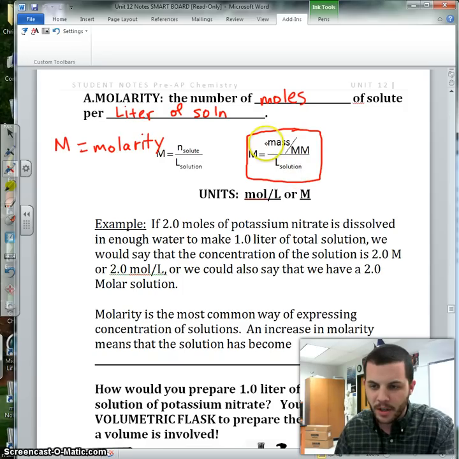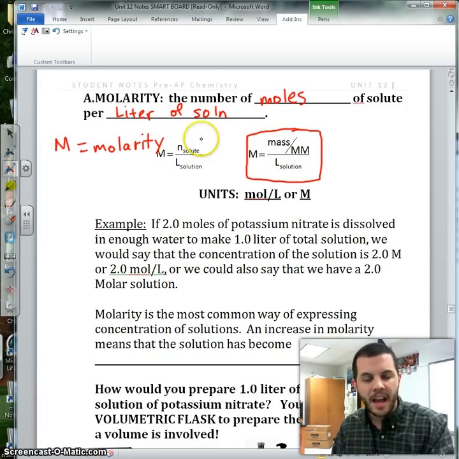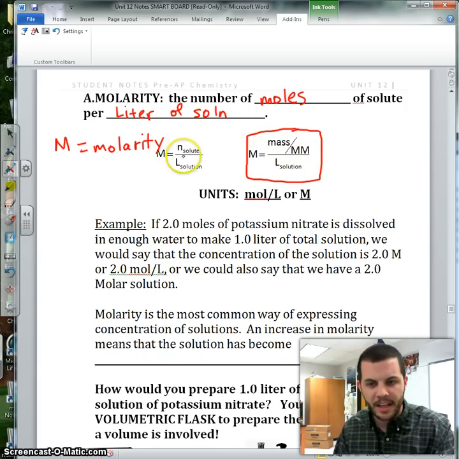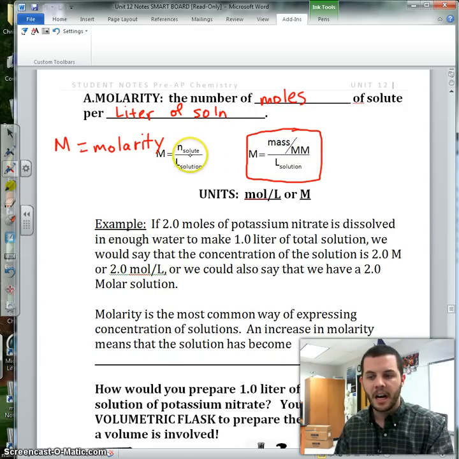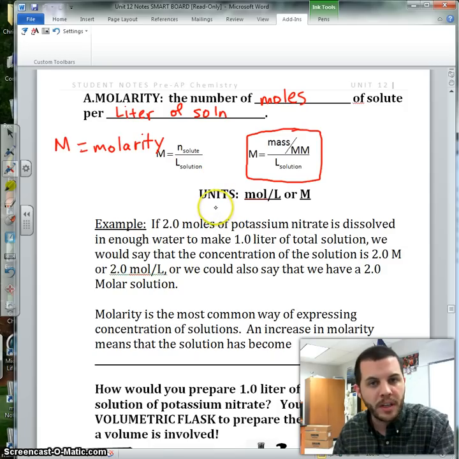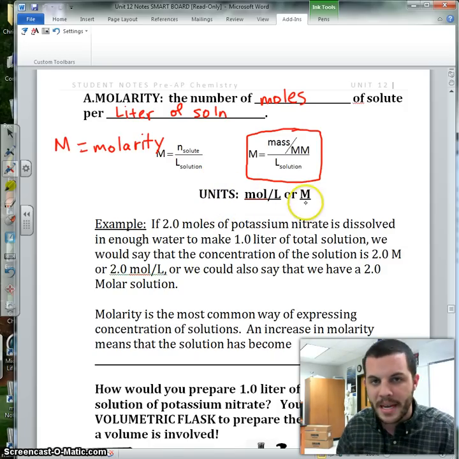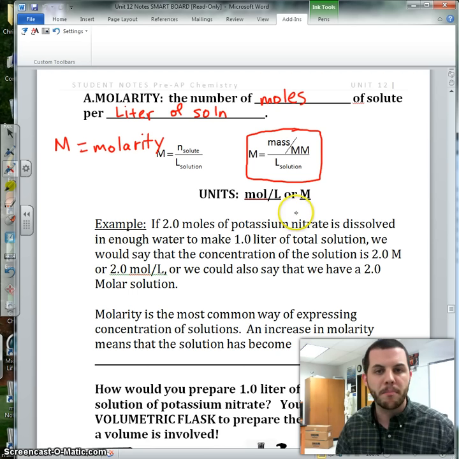This situation right here, mass over molar mass, is N expanded. So this and this are the same exact formula. The units that we're going to use are moles per liter, or you can just put a big M, which represents molarity.